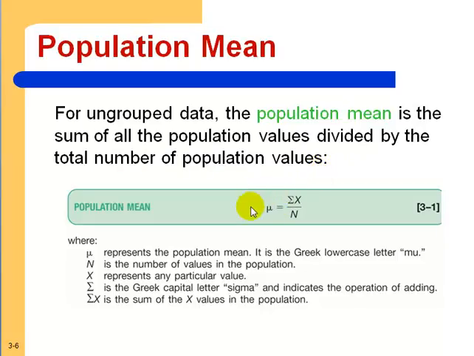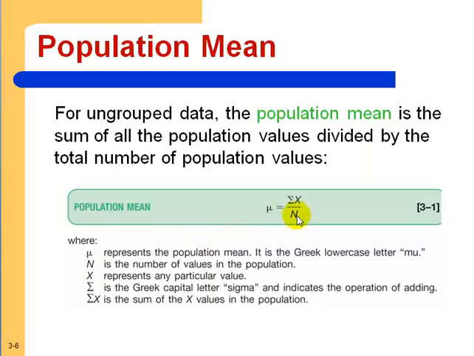We have to memorize all these letters which represent different characteristics. We use mu to represent the population mean, so please remember that, because we use different letters to represent the sample mean.